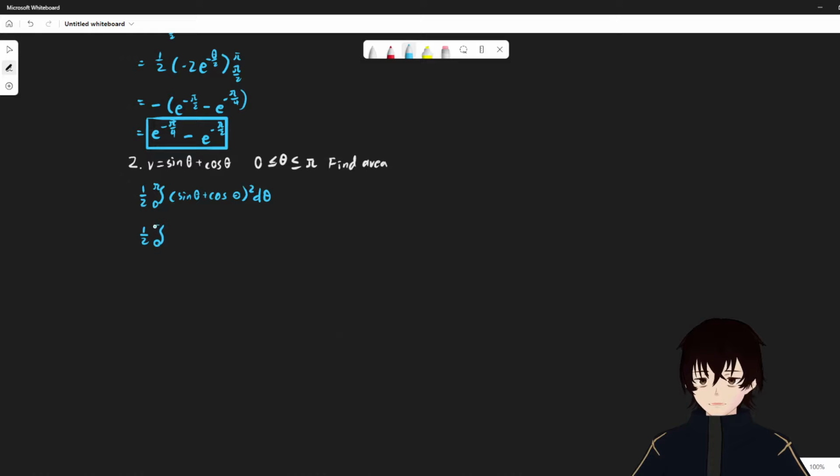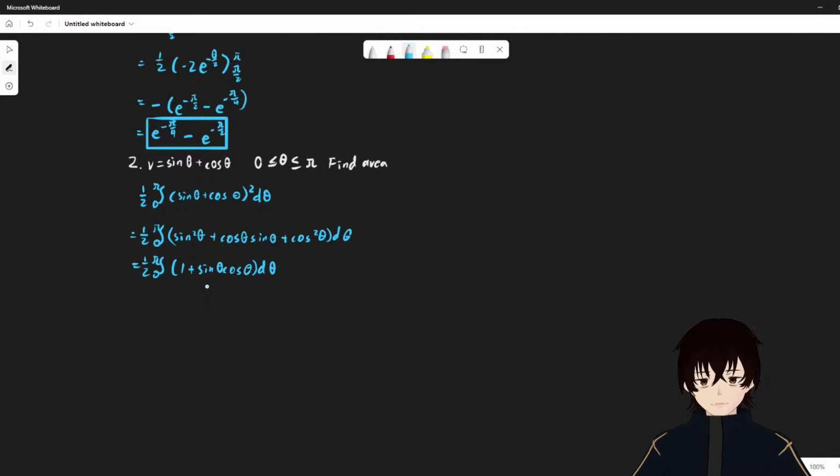Take 1/2 from 0 to pi of sine squared theta plus 2 cosine theta sine theta plus cosine squared theta d theta. Sine squared plus cosine squared is equal to 1. This is equal to 1/2 from 0 to pi of 1 plus 2 sine theta cosine theta d theta.